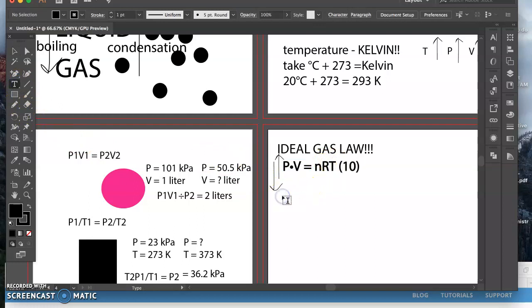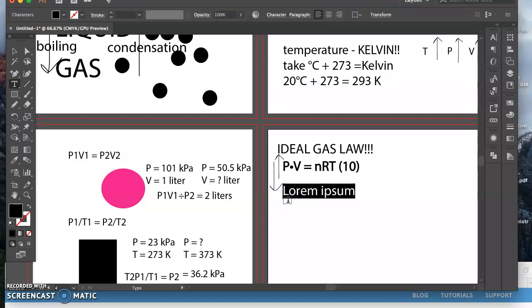And let's say that P is 5, and then V is 2. 5 times 2 is 10, right? If this pressure goes down, let's say it goes down to 2, then the volume has to go up. So that equals 10. Does it make sense?